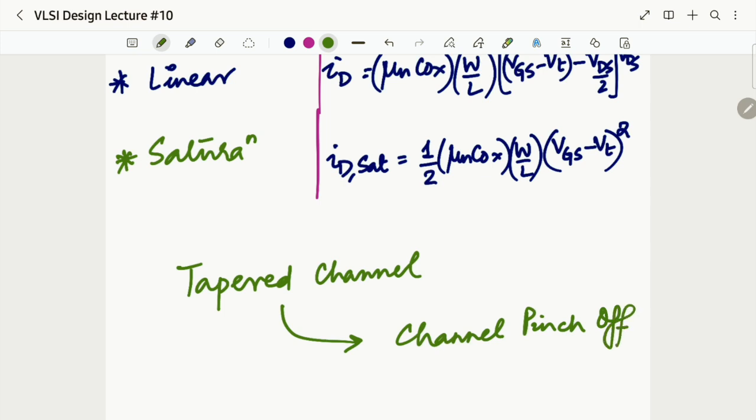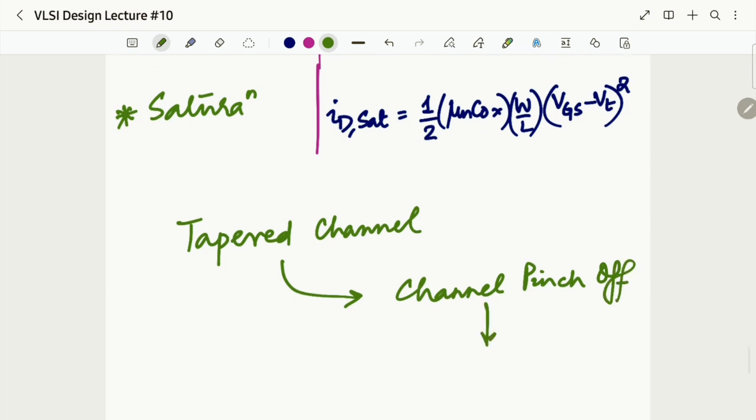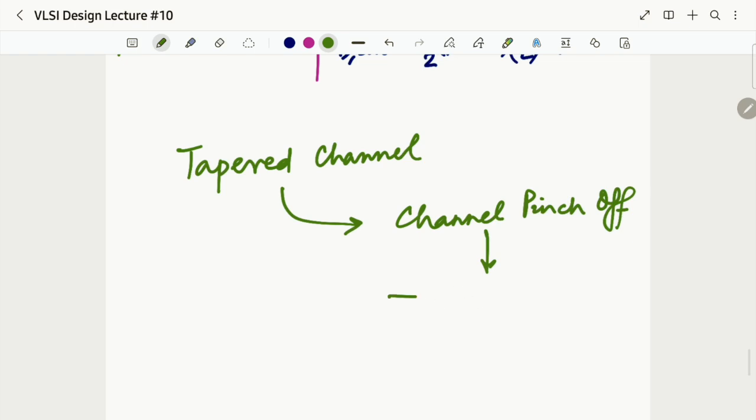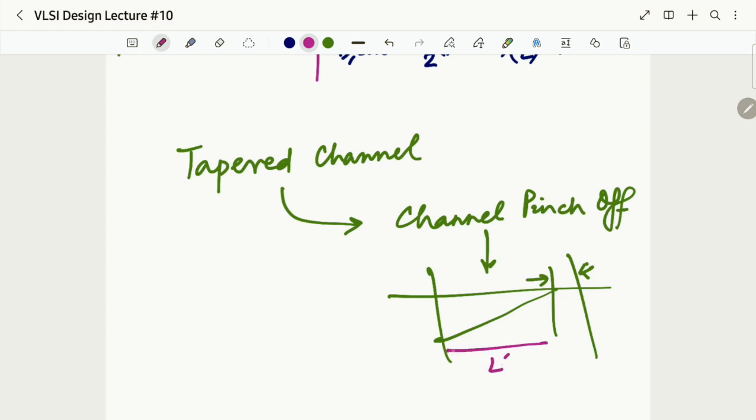When channel pinches off, at that point what happened to our channel? There was no connection at the drain end. Our L became L dash and the difference is delta L.